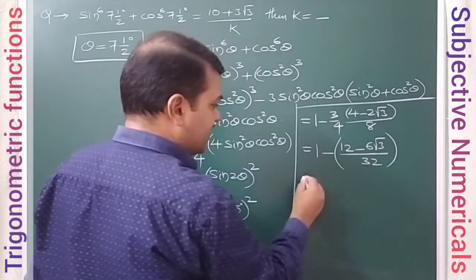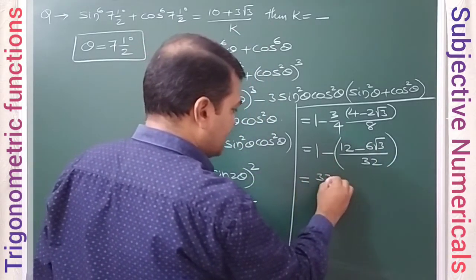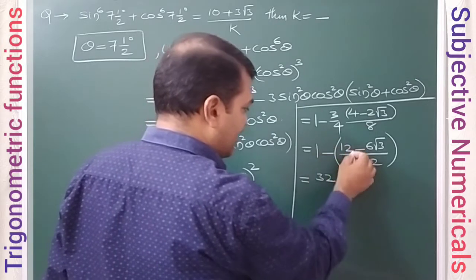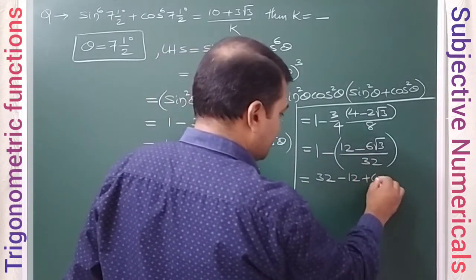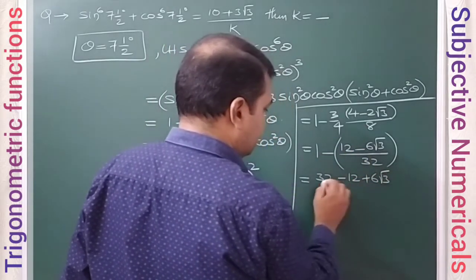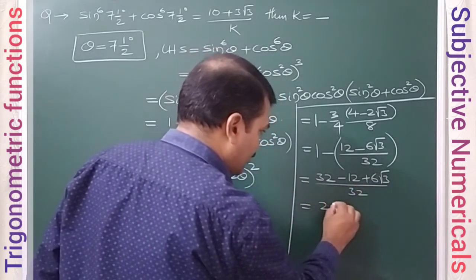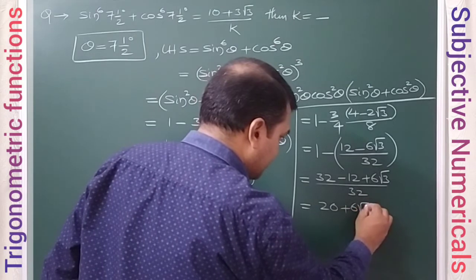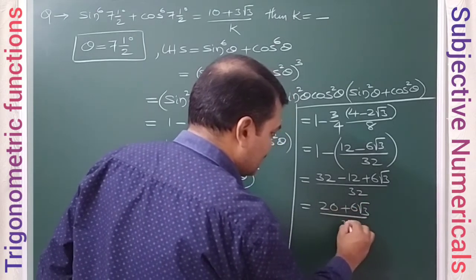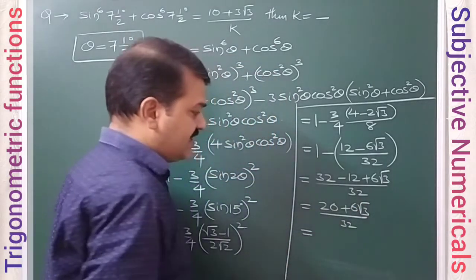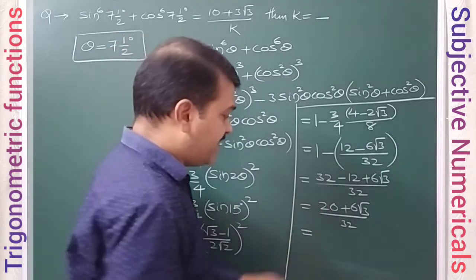So just take LCM and simplify. 32 minus 12 plus 6 root 3 by 32. So we are going to get 20 plus 6 root 3 by 32. So take 2 common in numerator, cancel with denominator.